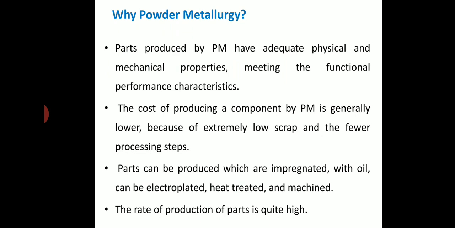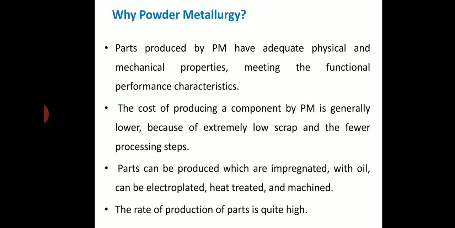And the next is, why powder metallurgy? The parts produced by powder metallurgy have adequate physical and mechanical properties while completely meeting the functional performance characteristics. The cost of producing a component of a given shape and the required dimensional tolerances by powder metallurgy is generally lower than the cost of casting or making it as a raw product because of extremely low scrap and the fewer processing steps.